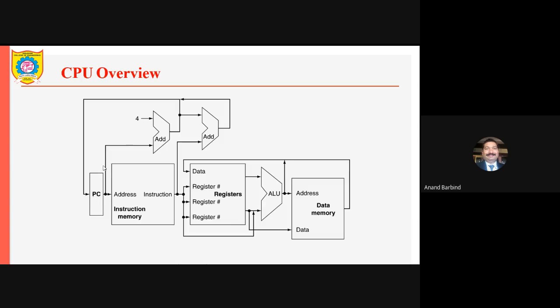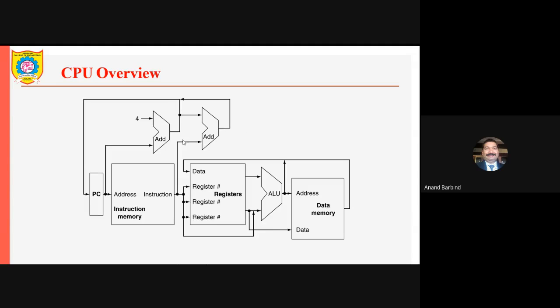But in case of a branch instruction, this second adder is used, and depending on the operation of that particular instruction, the new address is calculated. That is how many address locations are to be skipped, or whether you need to go back.